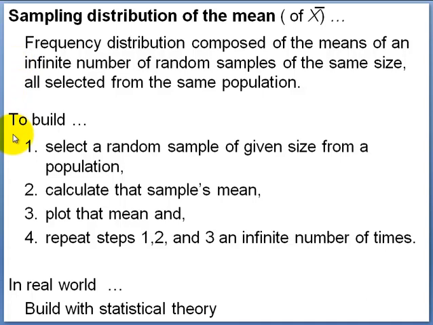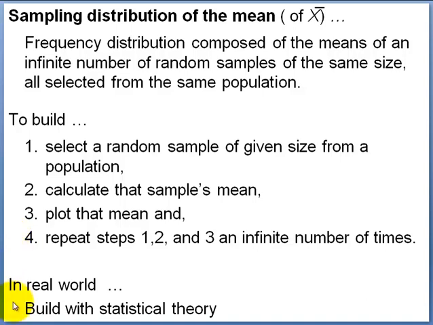And so to give more detail, to build a sampling distribution of the mean, what you would do would be to select a random sample of given size from some population, calculate the mean of that sample, plot that mean, and step 4, you would repeat the first 3 steps infinitely.